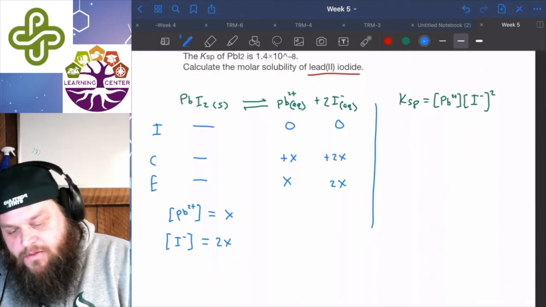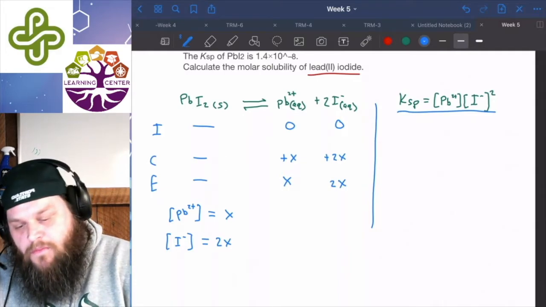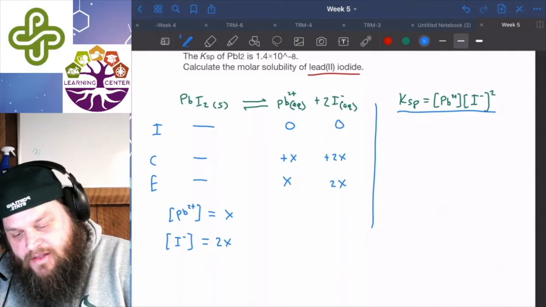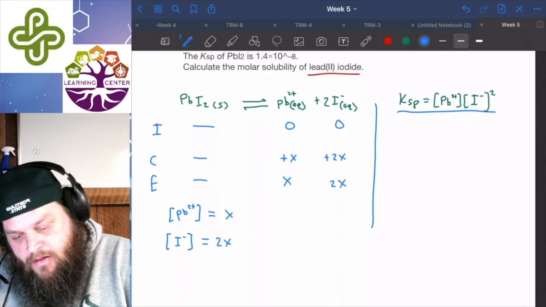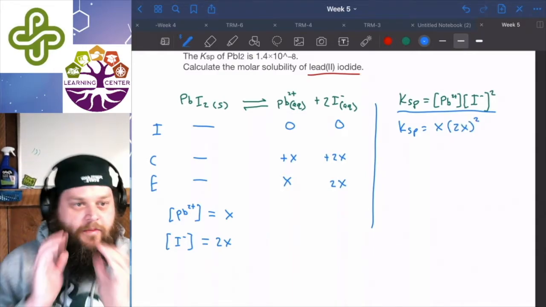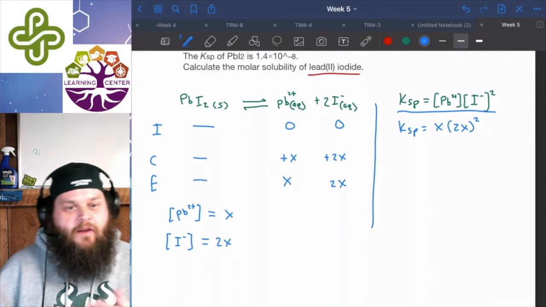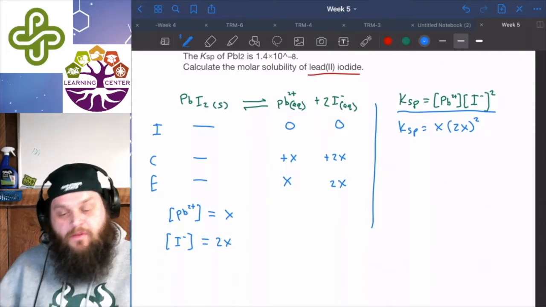So plugging those values into our KSP equation, we can see that KSP is going to equal X times (2X) squared. And it's important to put those parentheses around that 2X in that equation, because we need to square not just the X, but also the 2.